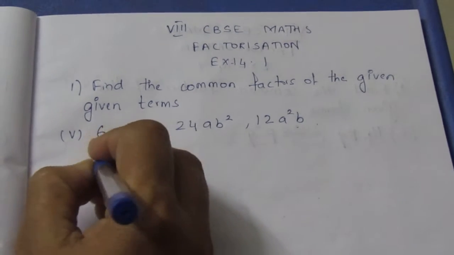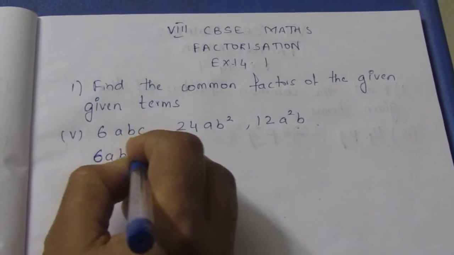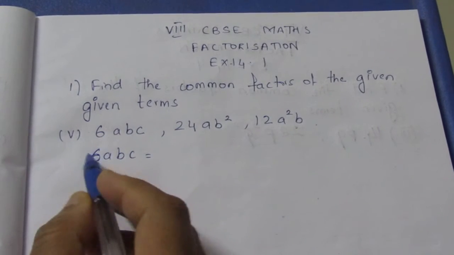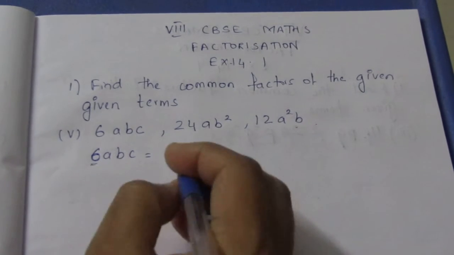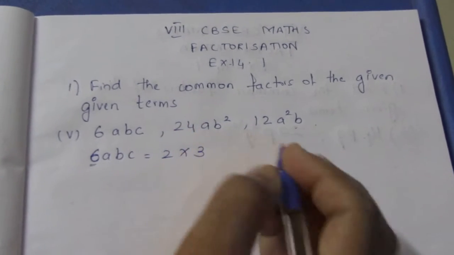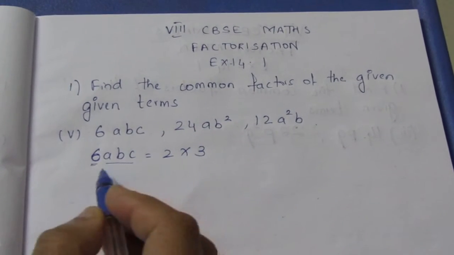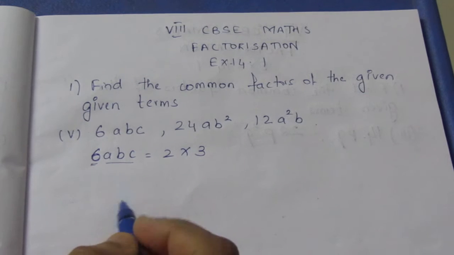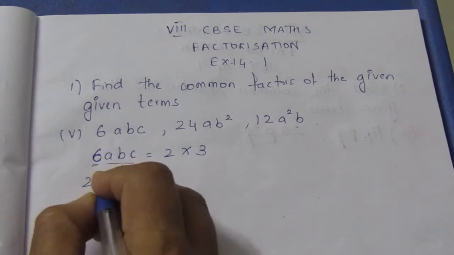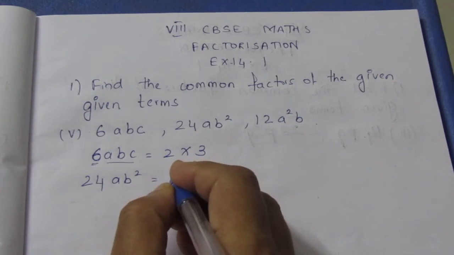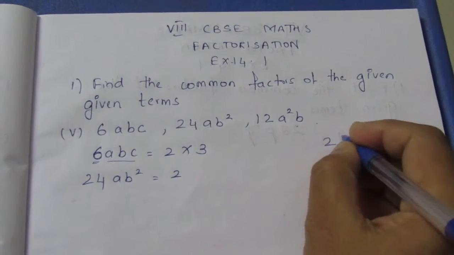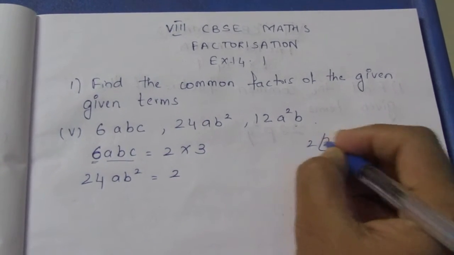Now let me take the first term, 6ABC. If I factorize this, always factorize the number. If I factorize 6, it becomes 2 into 3. Leave all the variables. I'll teach you how to take the common factor of the variables. Now go ahead with 24AB square. Let me do my factorization so that it will be easy for you to find it.